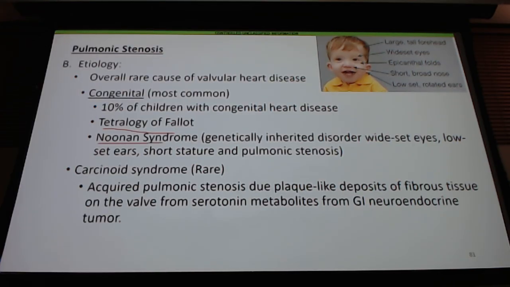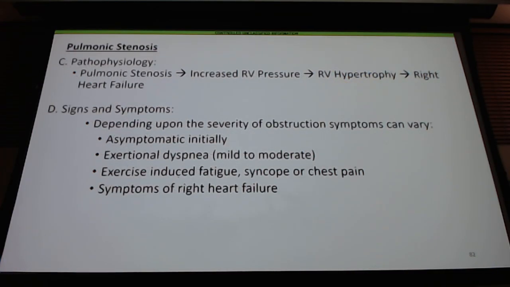But then we also talked about Noonan syndrome, where they have a constellation of symptoms, some physical findings, but one of them is pulmonic stenosis as well. And then we talked about how carcinoid syndrome is also a potential cause of pulmonic stenosis. So you have that GI neuroendocrine tumor secreting serotonin that causes these plaques.